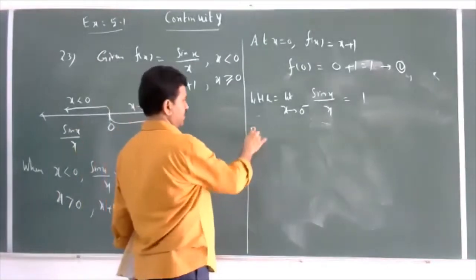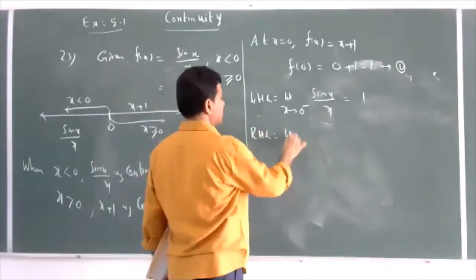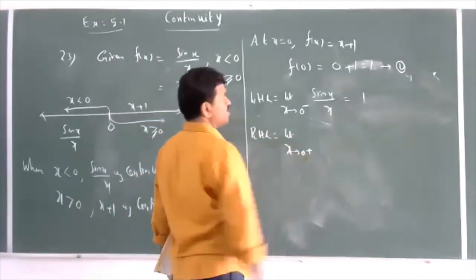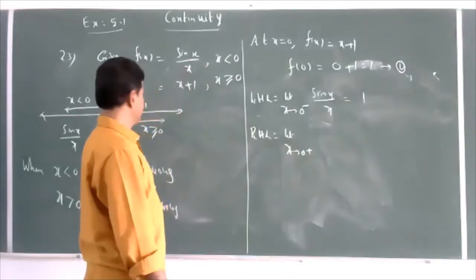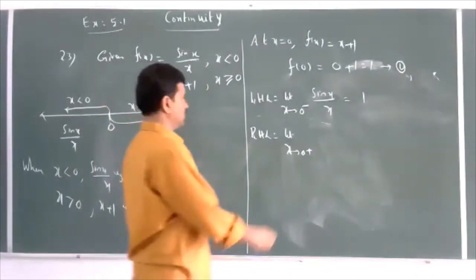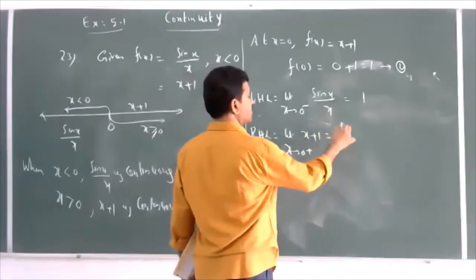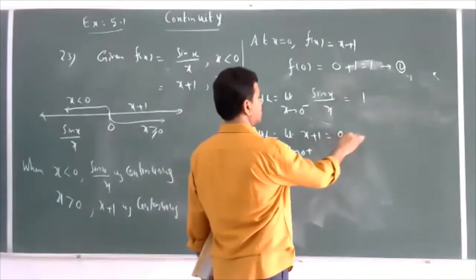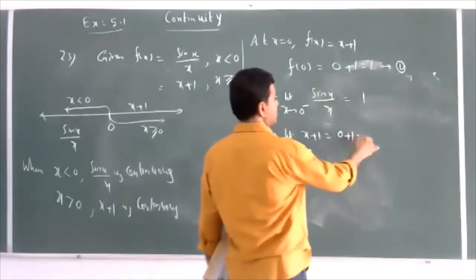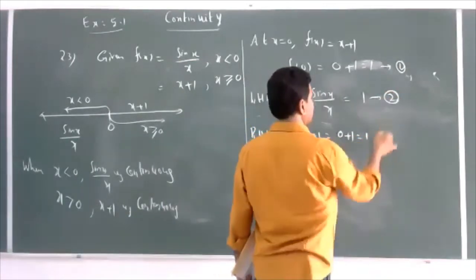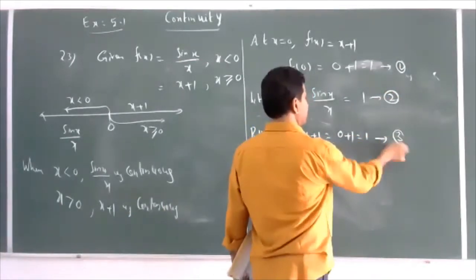Right limit: limit as x tends to 0 plus, the function is x plus 1, 0 plus 1, which is 1. Let left limit be equation 2, right limit equation 3.